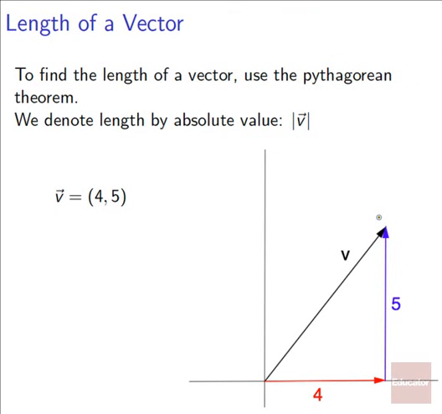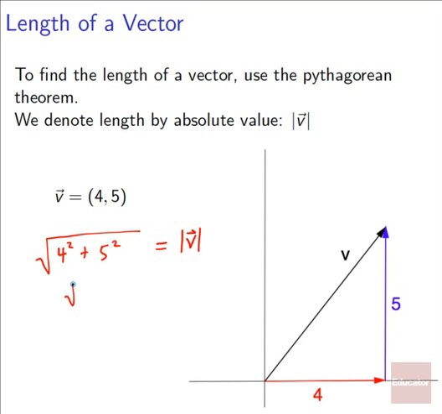If we want to find the length of a vector, we use the Pythagorean theorem. We know what those sides are because we know what the x component is, we know what the y component is. So how does the Pythagorean theorem work? Square root of the two smaller sides, 4 squared plus 5 squared, equals the other side. We call it the absolute value, the magnitude is how we denote it.